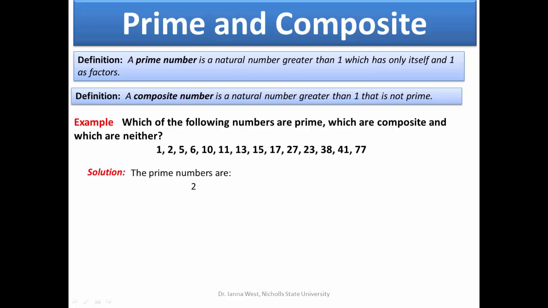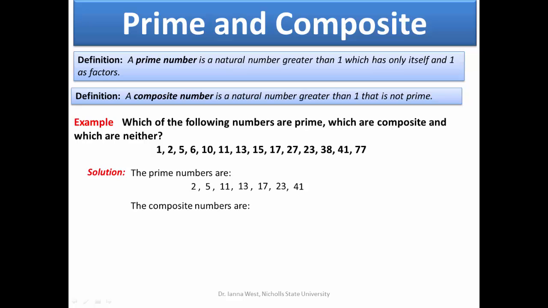It is important to note that 2 is the only even prime number. The next prime number is 5, then 11, 13, 17, 23, and 41. The only factors of each one of these numbers are 1 and itself.